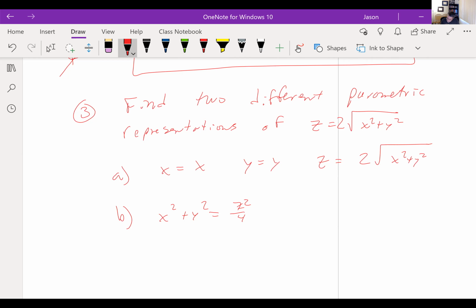Okay, so we take that and we revolve it about the x-axis. I still don't like my drawing, it's kind of messing with my brain.